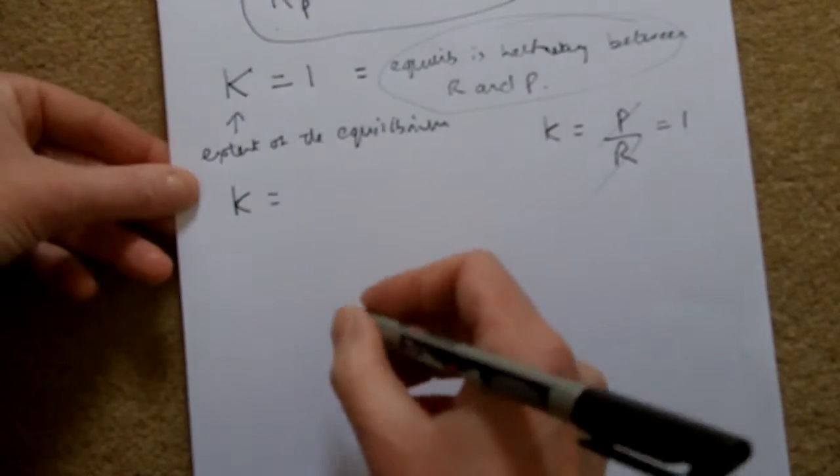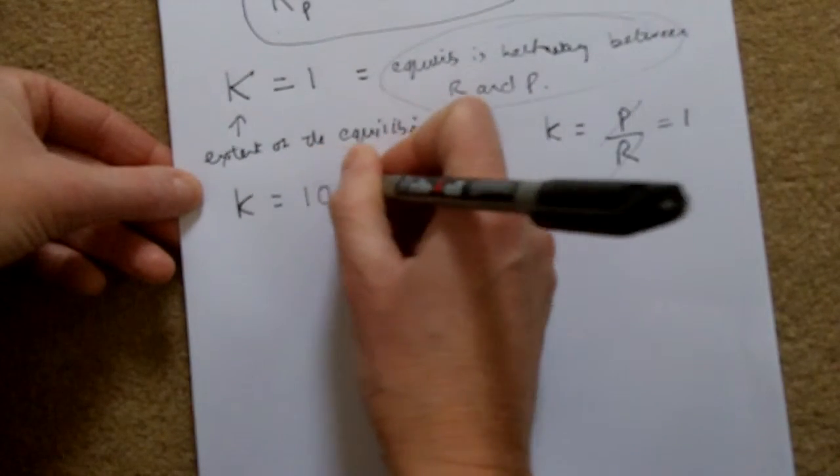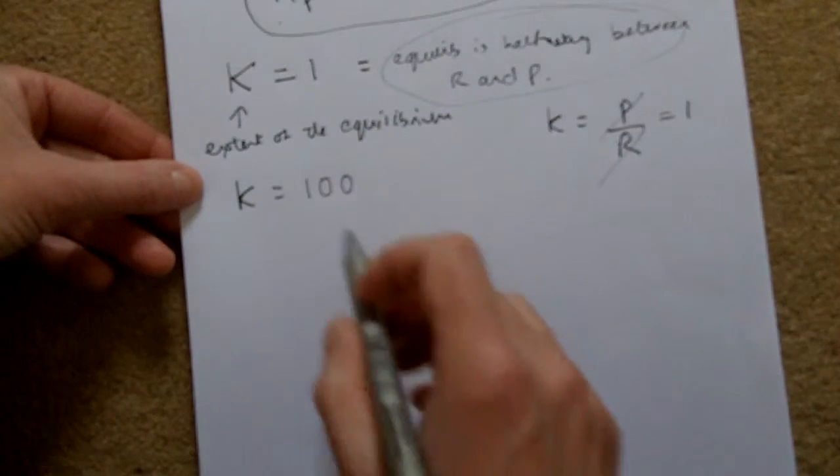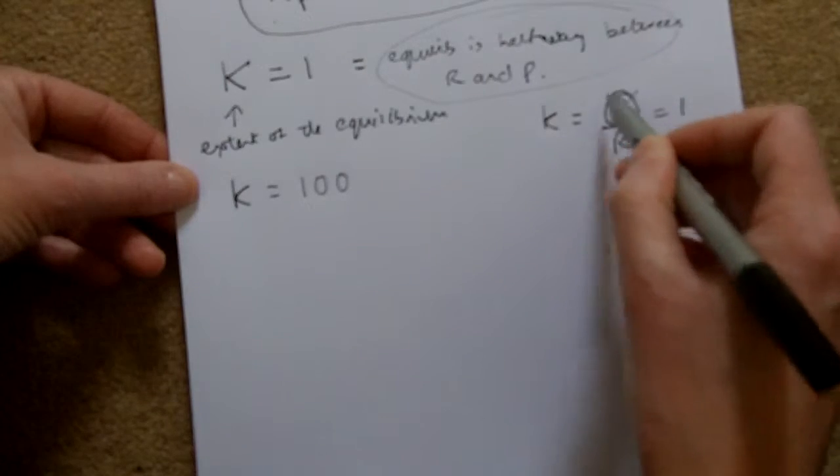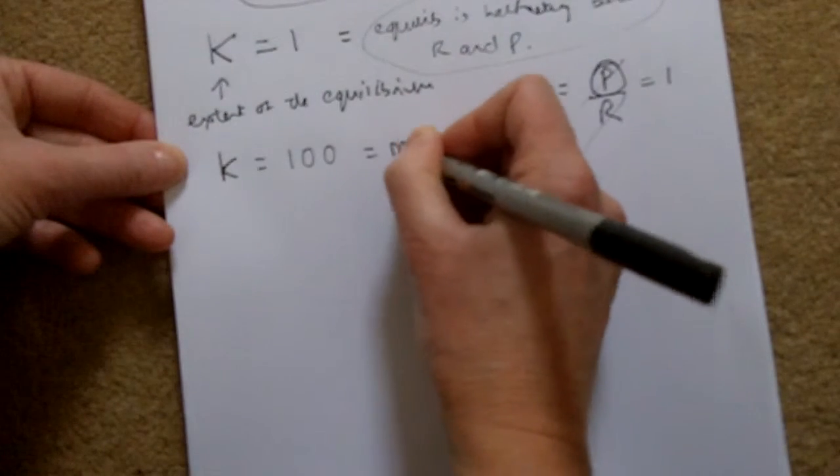If K is a large number, maybe like 100, the magnitude, the size of it, tells you that there are more products in the equilibrium mixture.